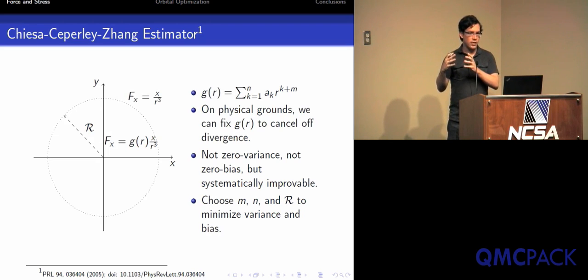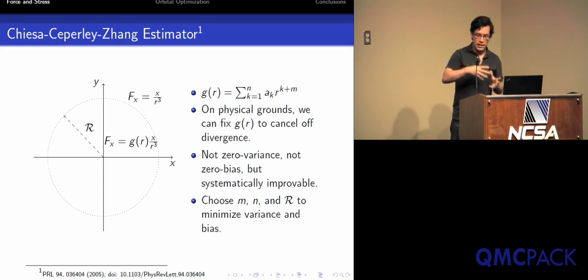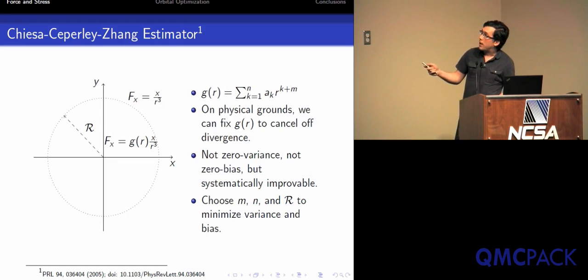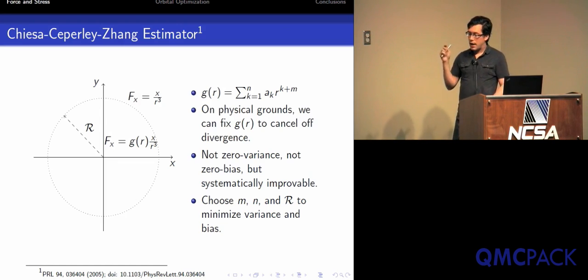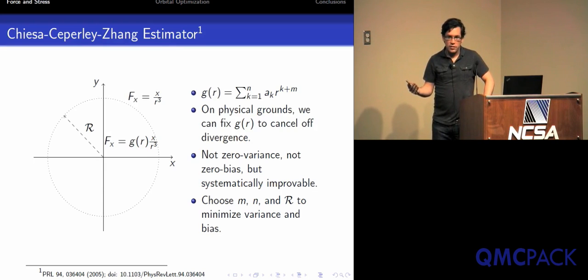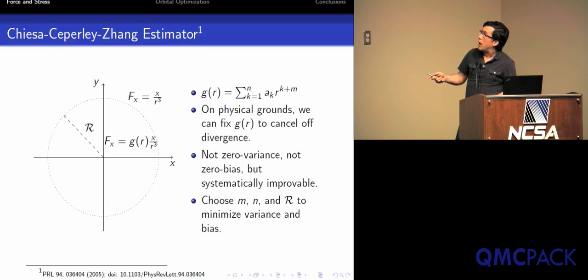If you decompose the density into its various angular momentum components, that is going to be the term with the divergent piece in it, but it contributes nothing to the expectation value of this force. So by adding a weighting function within a certain cutoff radius over here, you can eliminate this divergence, get a finite variance estimator, and actually drop the variance to something workable.